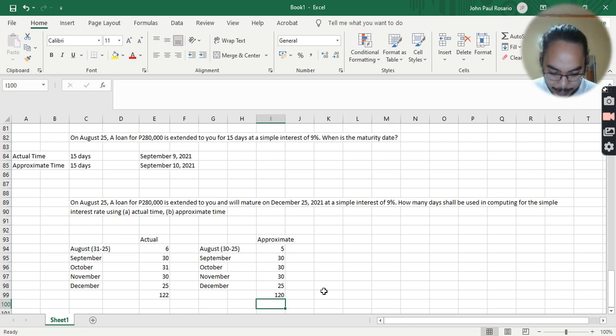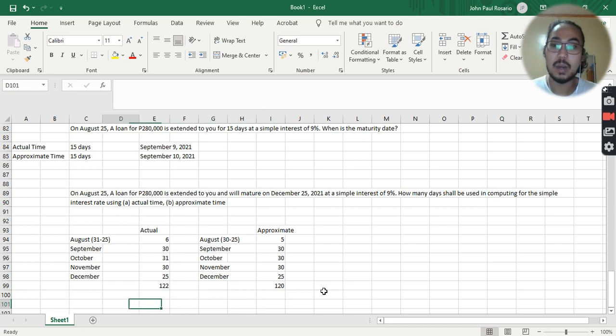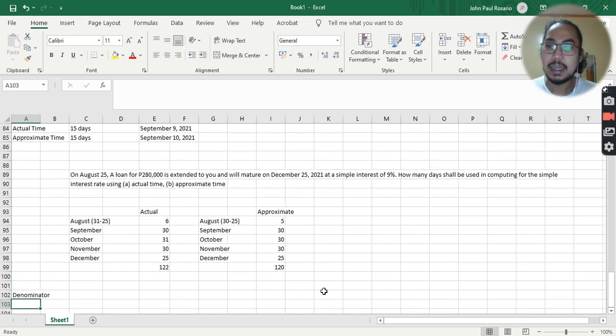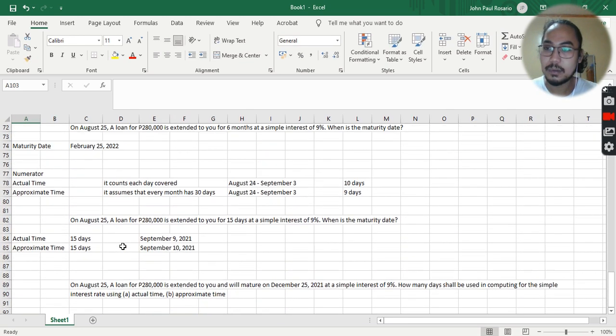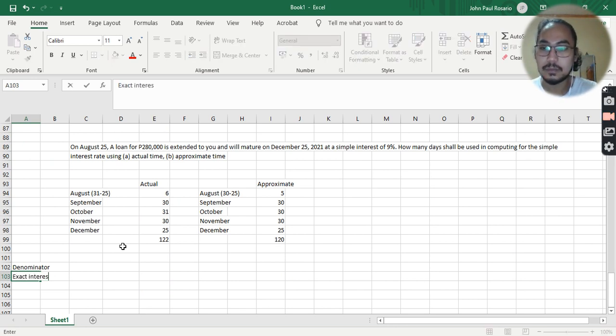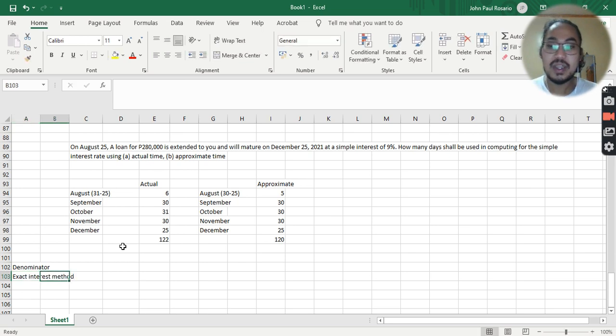Okay. And then next, we have concepts of time used in the denominator. So for the denominator, we have what we call the exact interest method, which considers that it is exact.